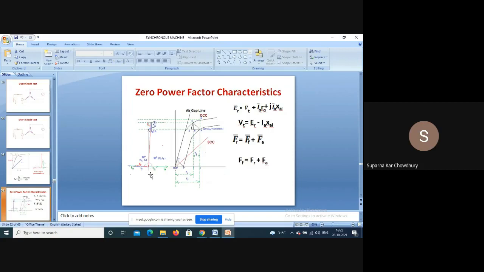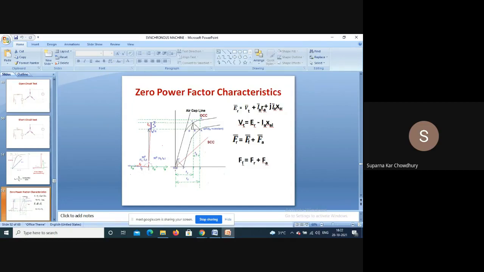So our FR will lead ER by 90 degrees, and FA is in phase with IA. So FR minus FA will give you FF, or the field excitation.